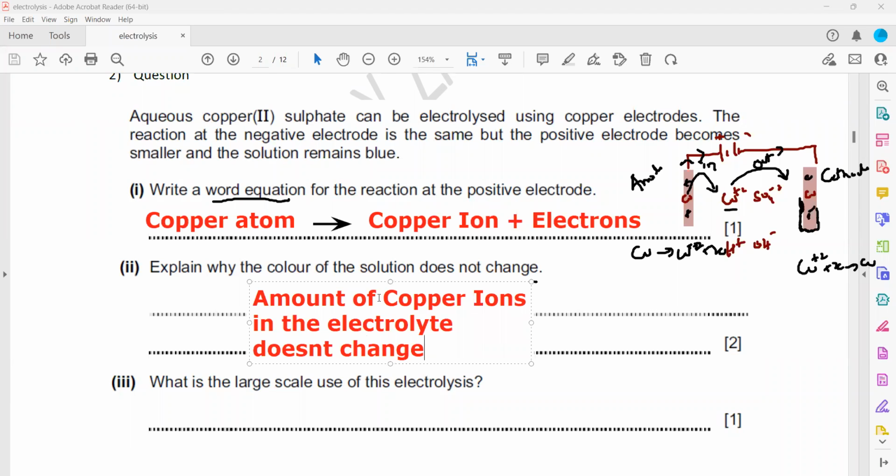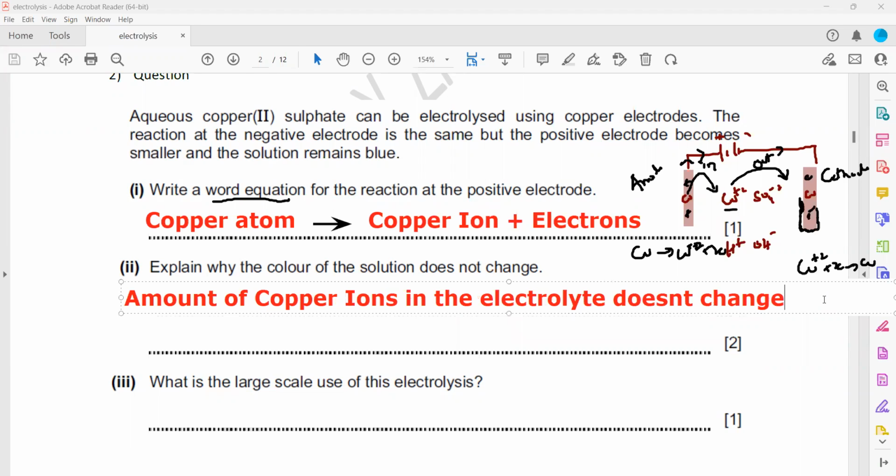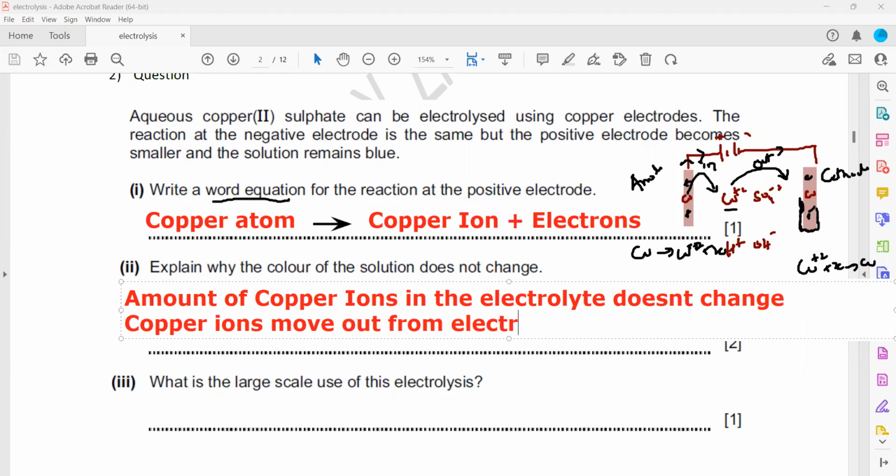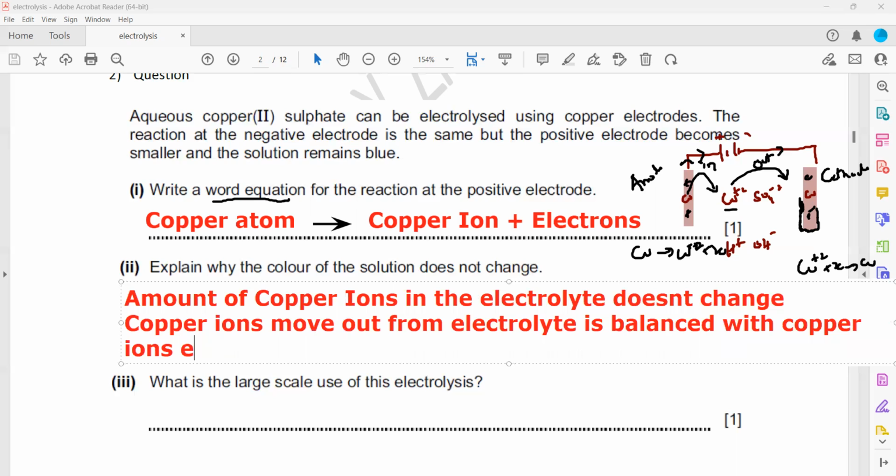And why does it not change? Because the copper ions move out from electrolyte is balanced with copper ions enter the electrolyte from anode.